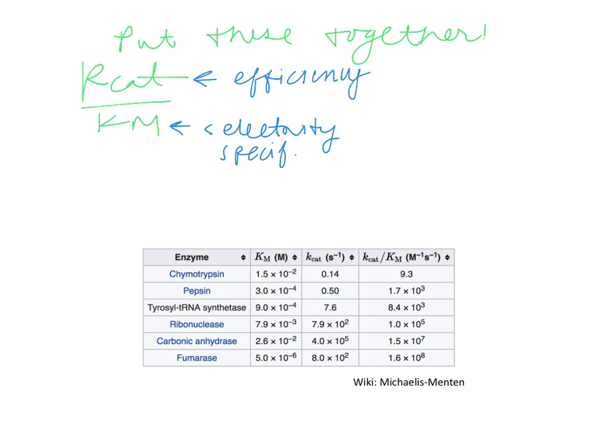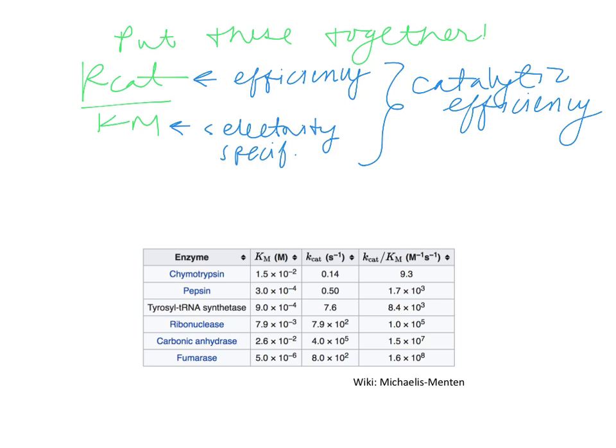And of course we want to know both of these two values together. So this kcat over Km is also called catalytic efficiency. Okay, and it's always in units of per molar per second, and the bigger number, the better here.